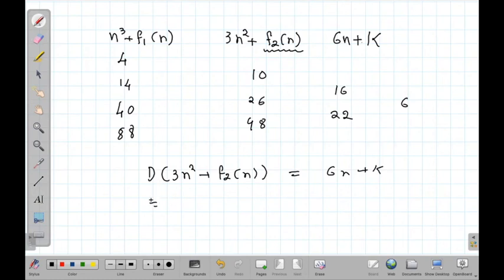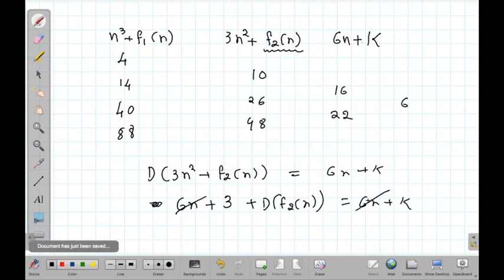So this gives us d of 3n squared is 6n plus 3, plus d of f2 of n is equal to 6n plus k.